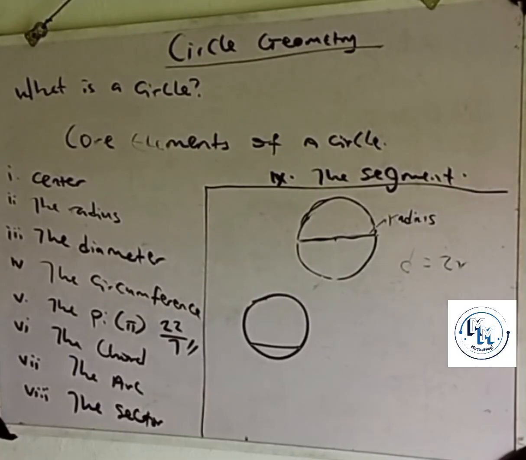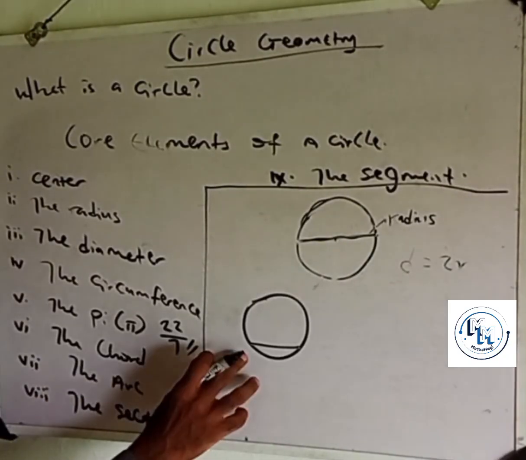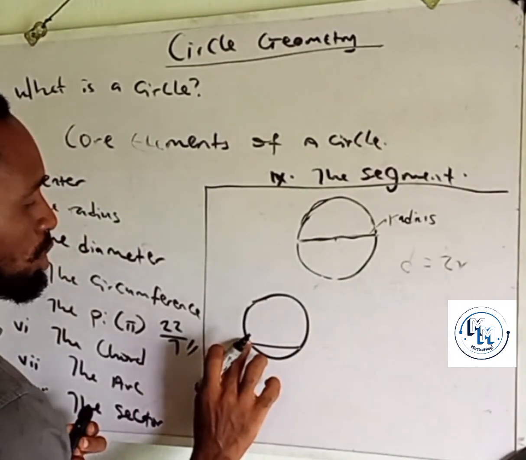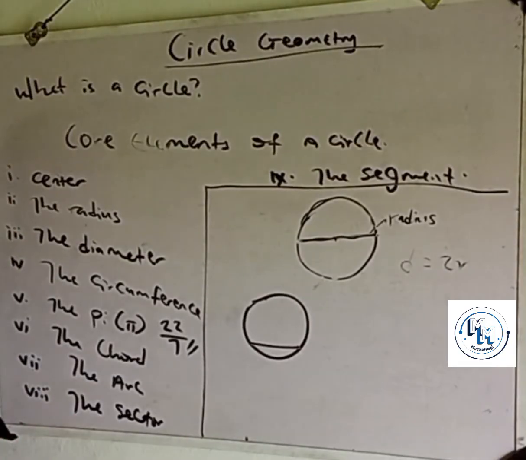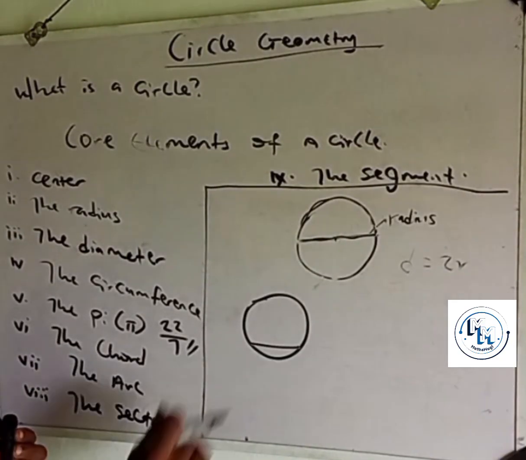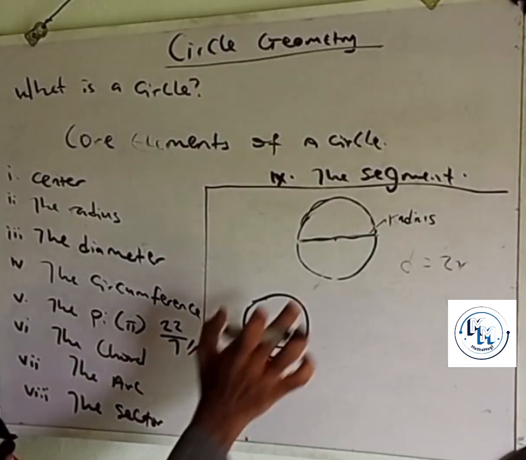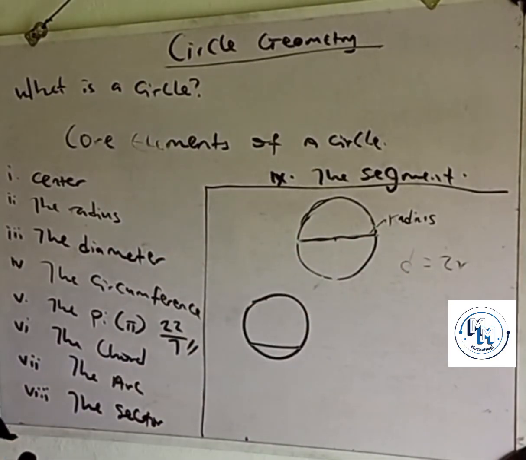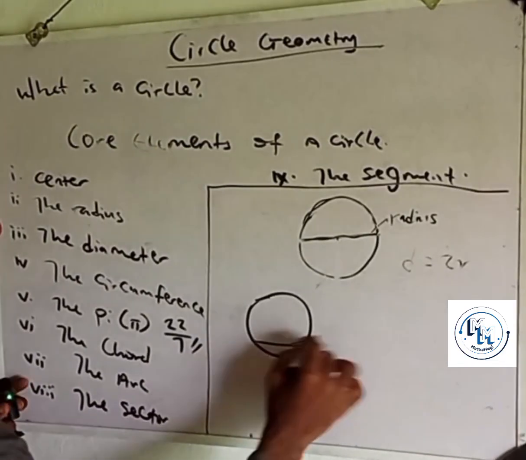For instance, this line passes through the circle and touches 2 points on the circumference, so we call it a chord. Is that okay? Now, a diameter is also a chord. Whenever we have a chord that passes through the center of a circle, we call it a diameter. Is that okay? So this is a chord.